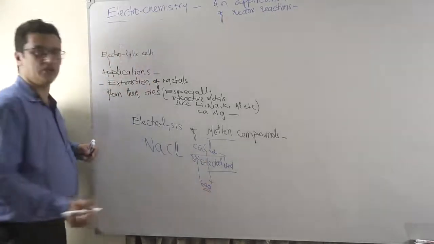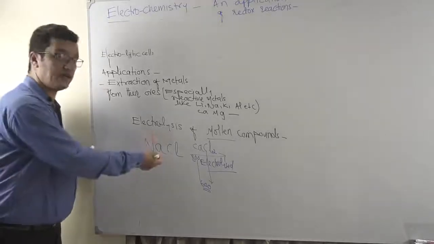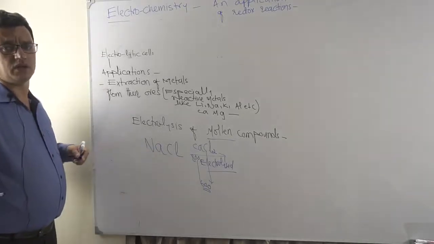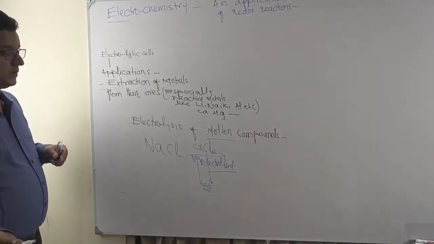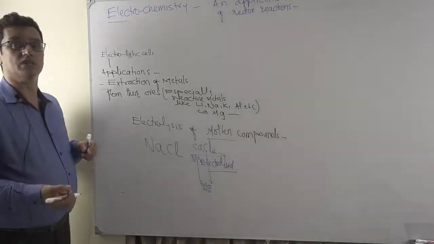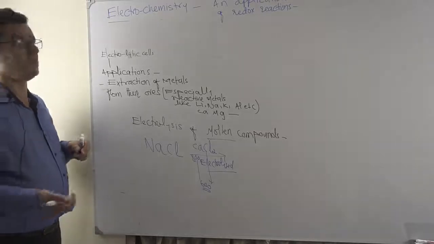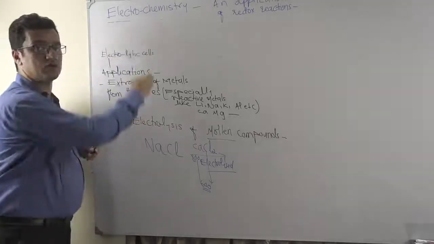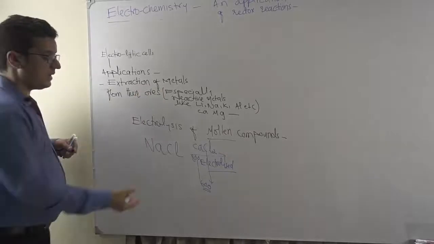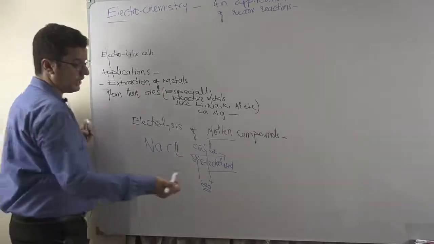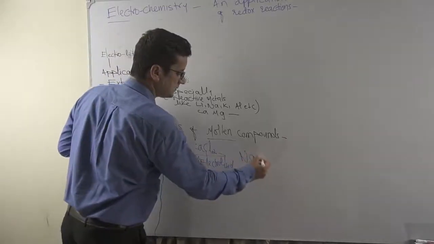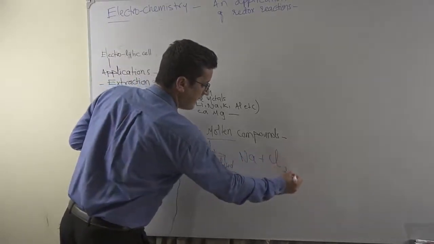So somewhere in an MCQ they can ask what the impurity is acting as here. A small amount, not playing a role in products mainly, but bringing down the melting point. Like in aluminum oxide, the famous cryolite is added, and that brings down the melting point hugely from 3000 to 980. Same here, sodium chloride is mixed with a little calcium chloride, and we get sodium metal and chlorine gas.